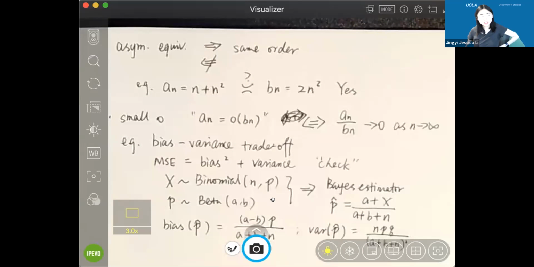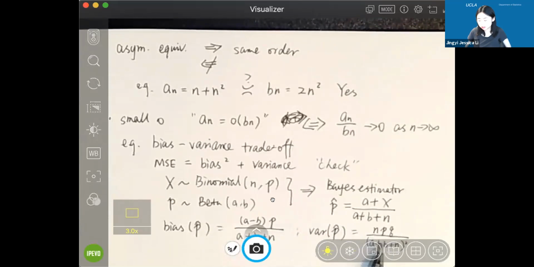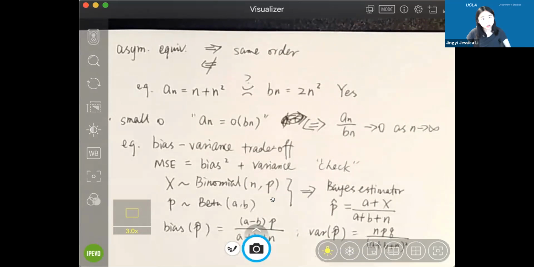Then, based on our definition of same order, you can regard the bias as a series that goes down to 0 as n goes to infinity. The variance is another series like our BN, which also goes down to 0 as n goes to infinity. Then my question is: given this formula, are the bias and the variance of the same order?